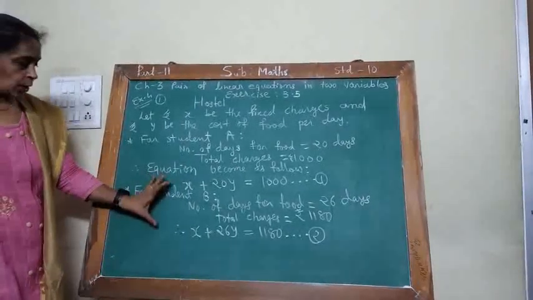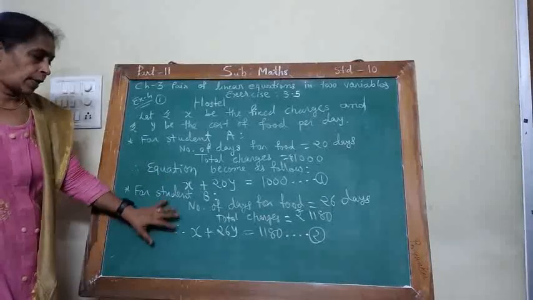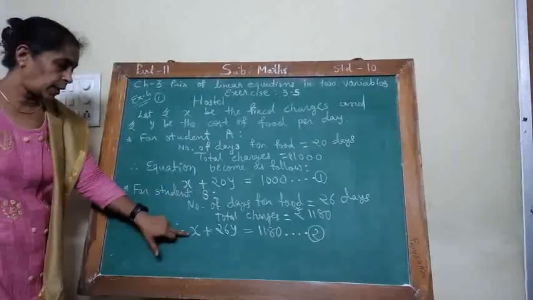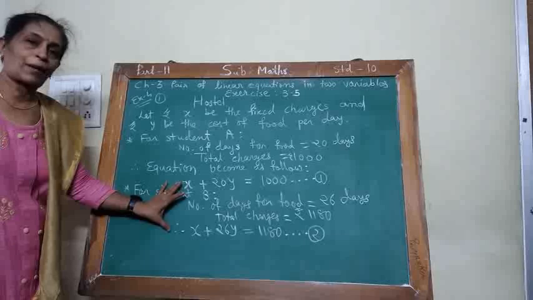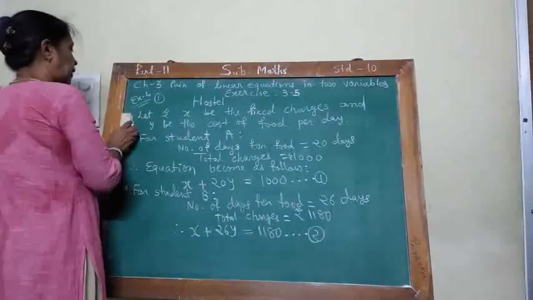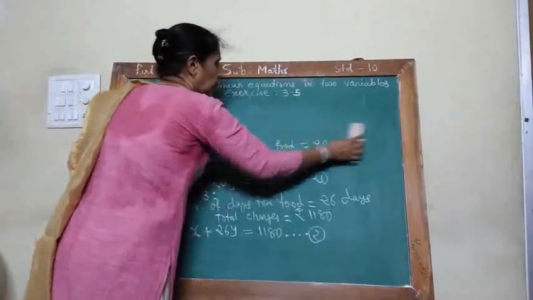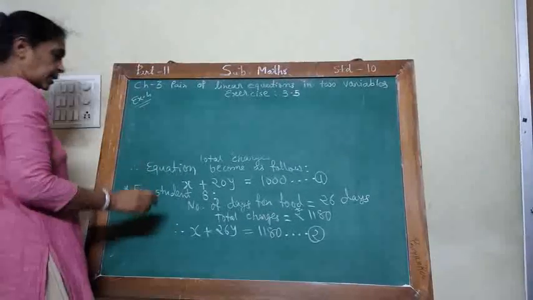So I made two equations, first and second, and now you have to solve by any algebraic method. Here you see x is eliminated very easily, so I apply the elimination method. After this you have to write solving equations 1 and 2 by elimination method.